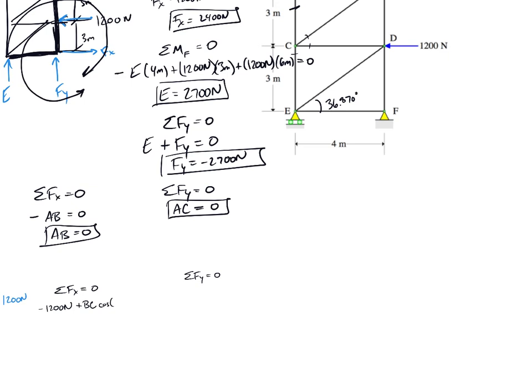Again, I think it's easier. Right now, I'm putting in the cosine of this angle. The other thing I could do is say this is a 3 meters, 4 meters, and 5 meters triangle. So if I want the cosine of this, I've got 4 over 5. Instead of using cosine of 36.870 degrees, I could just plug in 4 over 5 right there.